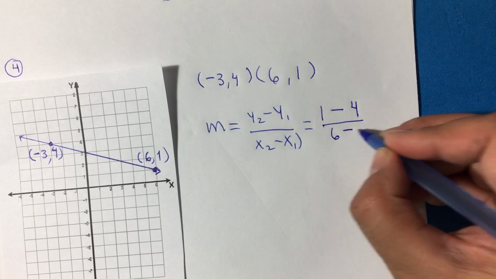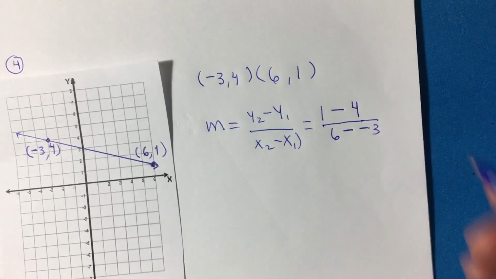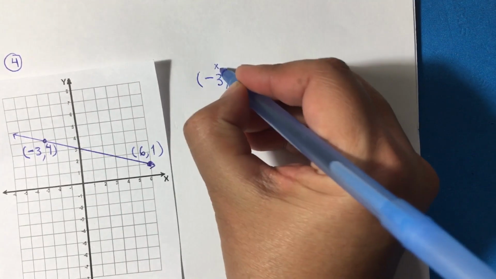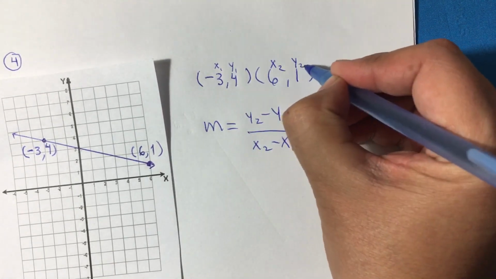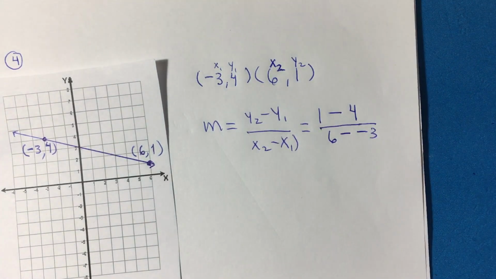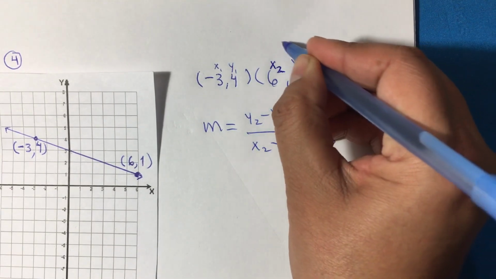Minus, from the formula, but then the x1 is -3. Oh, was that hard to follow? Well, then just put x1, y1, x2, y2. Some people are visual, and that's perfectly fine. That doesn't mean that you cannot learn it. It means that you'll learn it in a different way. That's all it means. If that's still hard, just do this.